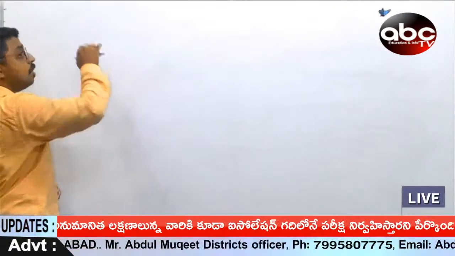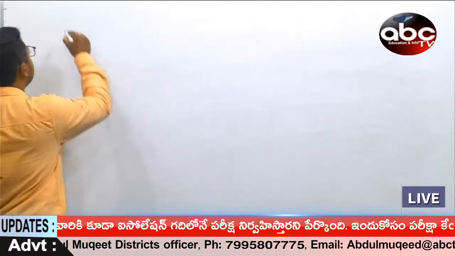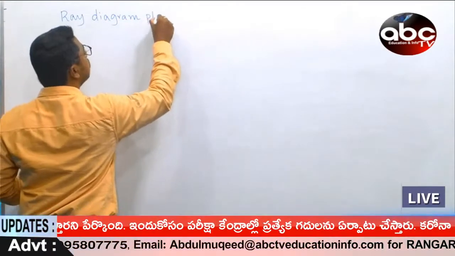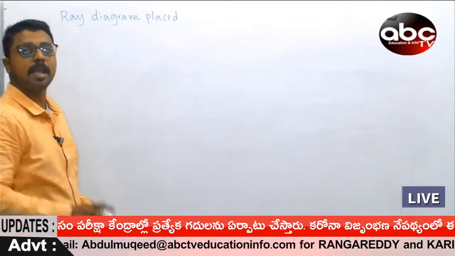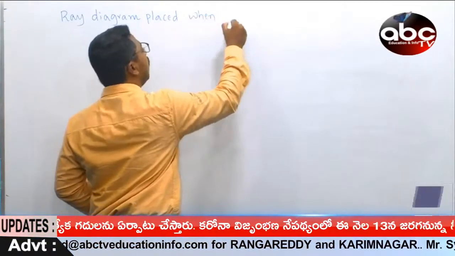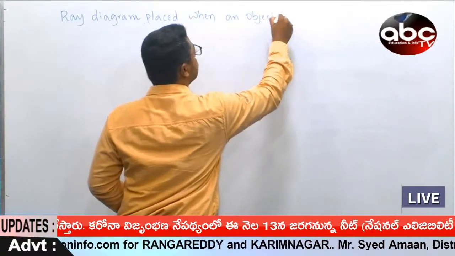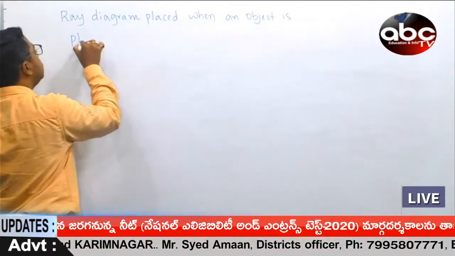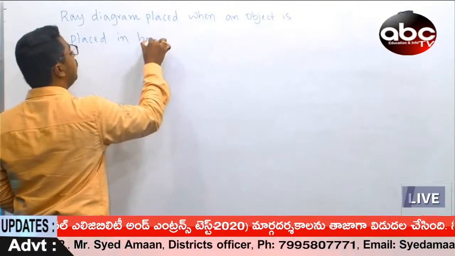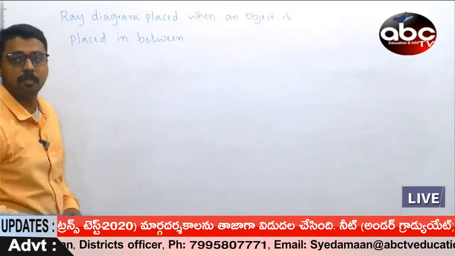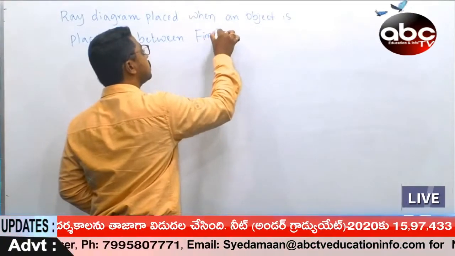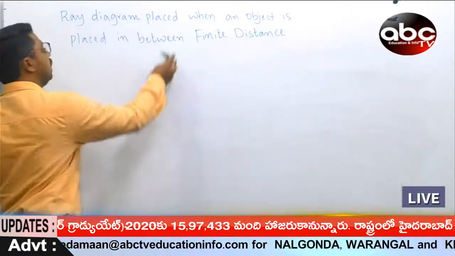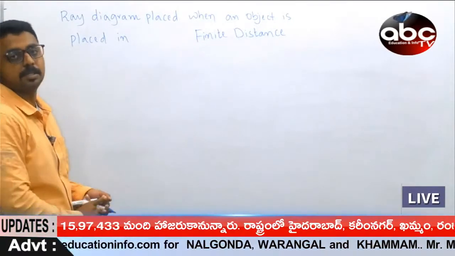Let us understand first of all a clear heading: ray diagram placed when an object is placed in between, at a finite distance, or you can also term this as a fixed finite distance.